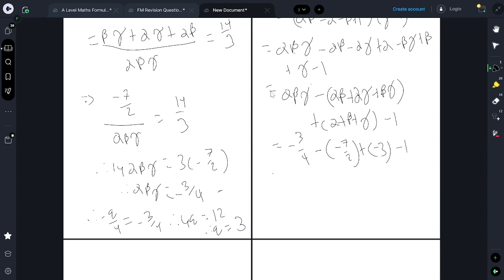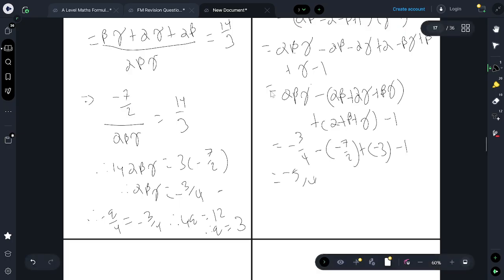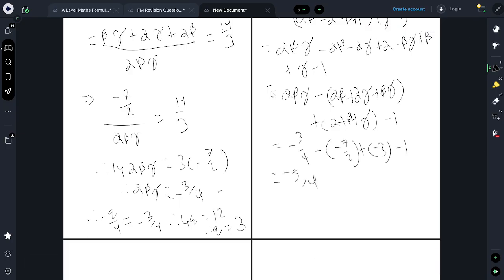Then minus 1, put that into the calculator. You get minus 5 over 4. So that is the value of that expression there.